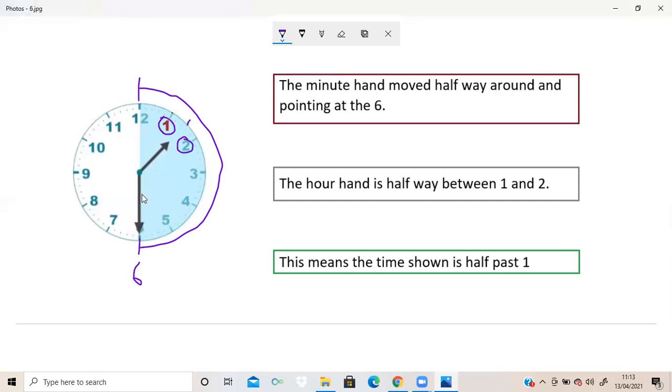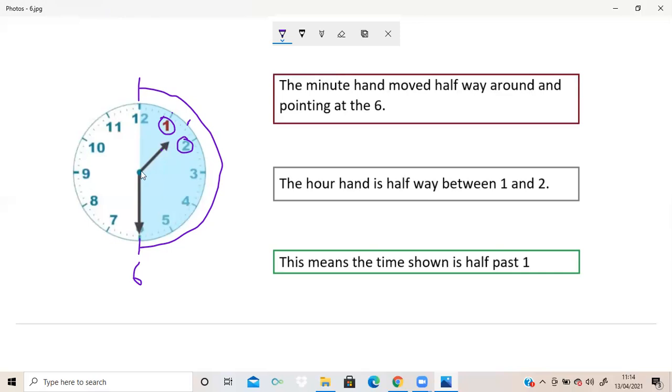So the minute hand moved halfway around and is pointing at 6, and the hour hand is halfway between 1 and 2. This means the time is 1:30.